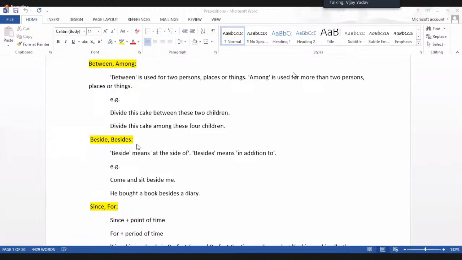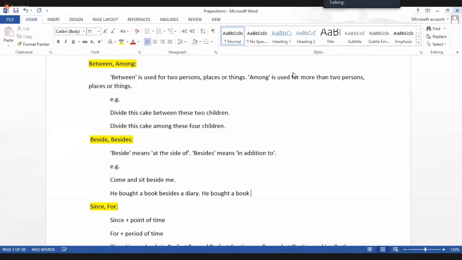Now, another word is except. So besides means including and except means excluding. For example, if you write, he bought a book except a diary, isn't it? Let me write this.